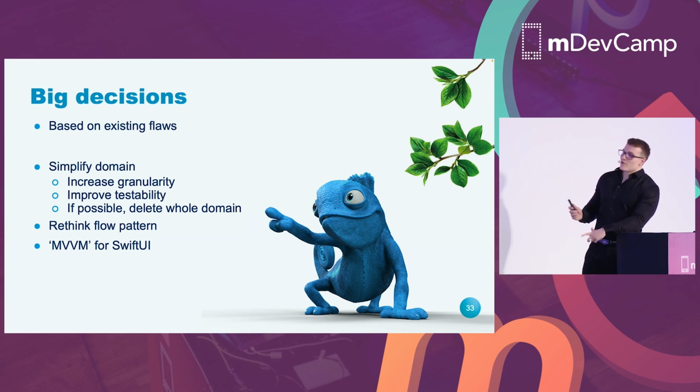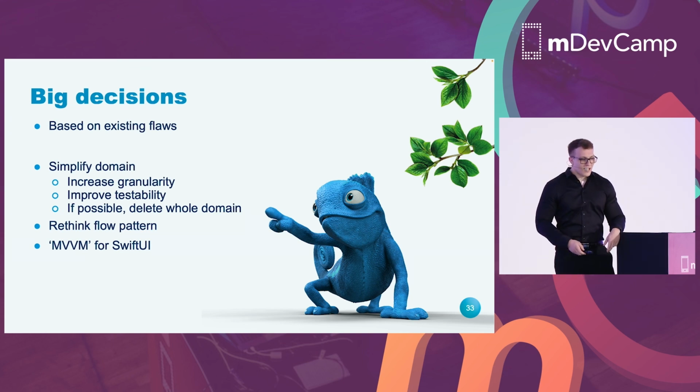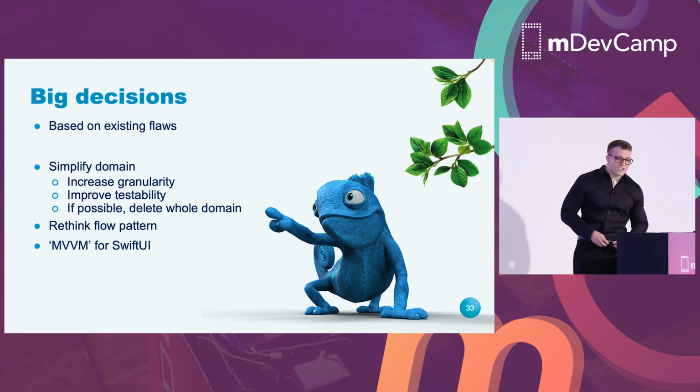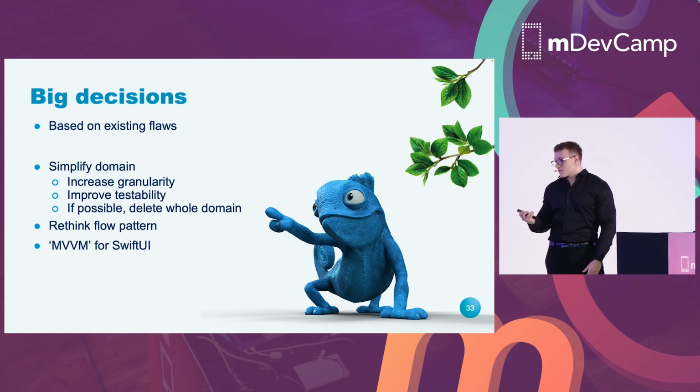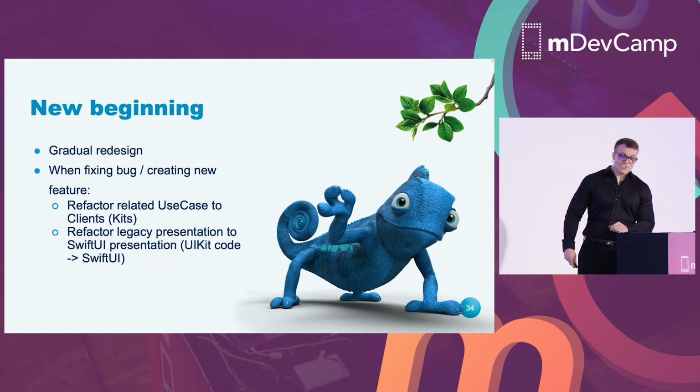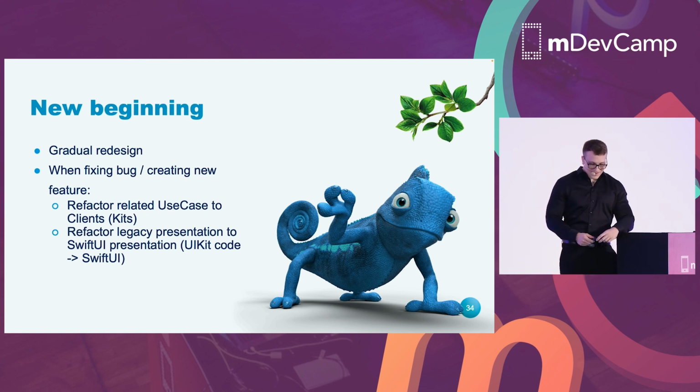And for SwiftUI, we went with MVVM. I know there might be some architecture experts who will say, well, it's not MVVM in its true form, but let's go, it's very similar to MVVM. So, a new beginning that changed our whole architecture, which we still use.